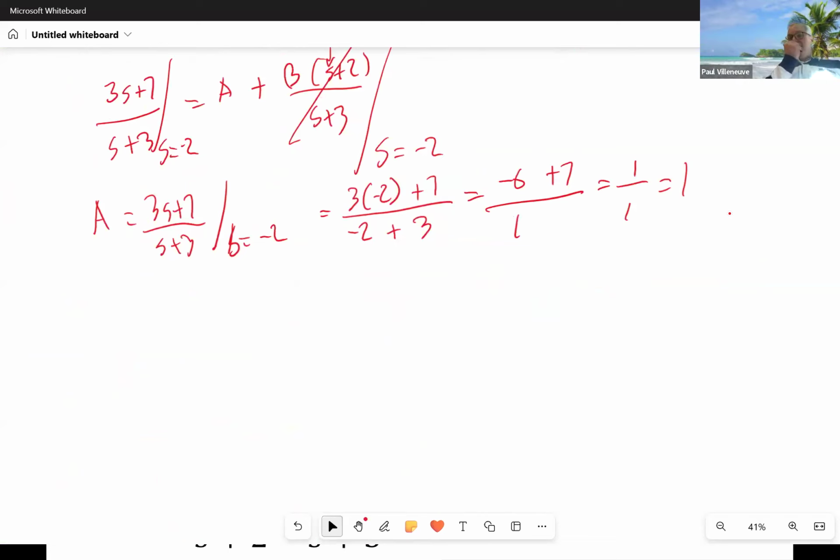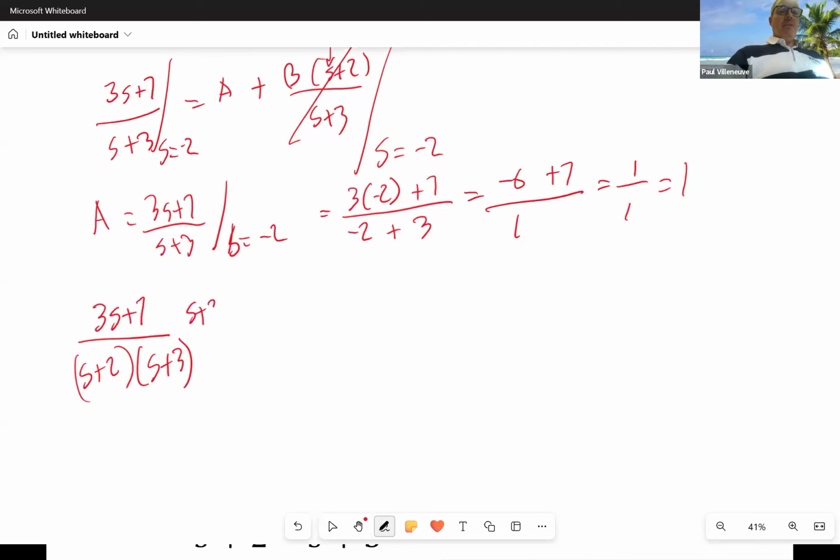Now let's double check B. So to solve for B, I'm going to multiply both sides by whatever is under the B coefficient. In this case, S plus 3. And I got to multiply both sides.